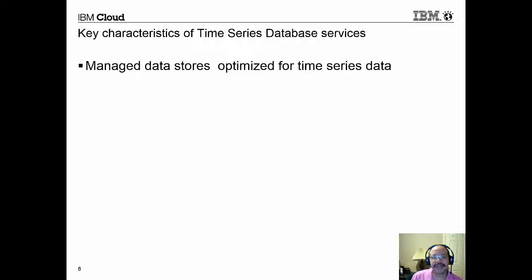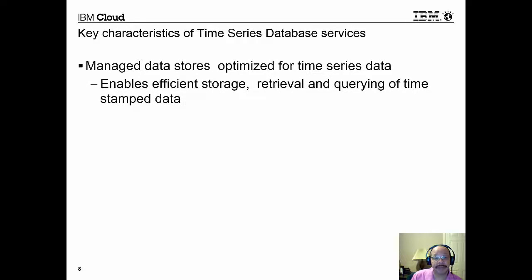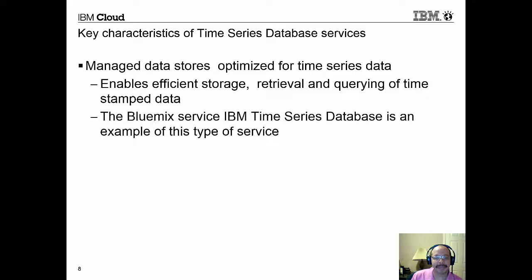Finally, let's look at time series database services. These are managed data stores optimized for time series data. They enable efficient storage, retrieval, and querying of timestamp data. An example of this type of service in IBM Bluemix is the IBM Time Series Database service.